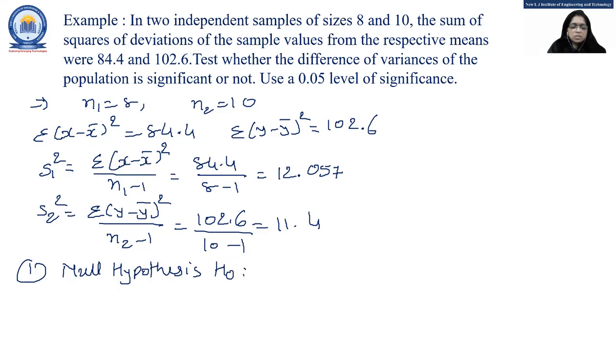So let's start the example with the null hypothesis, that is H naught. Null hypothesis is sigma 1 square equal to sigma 2 square. It means the variances of the two populations are equal, right?